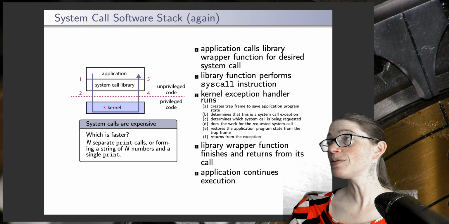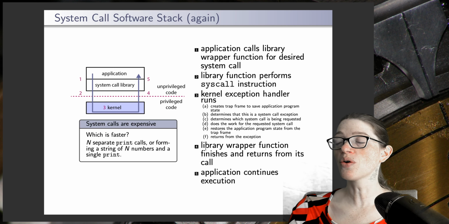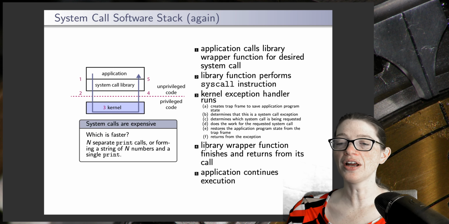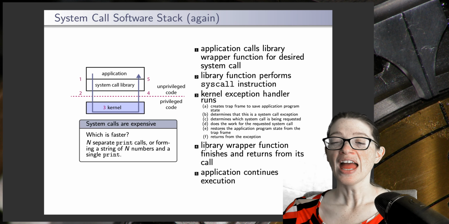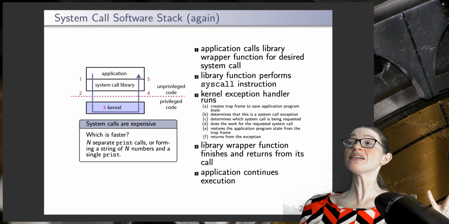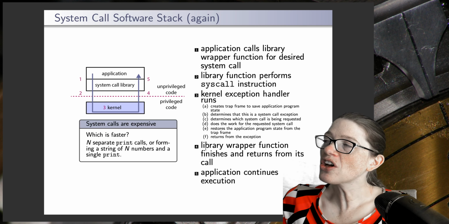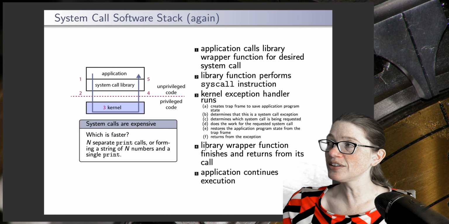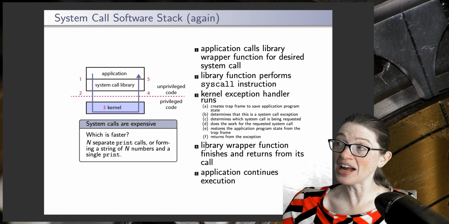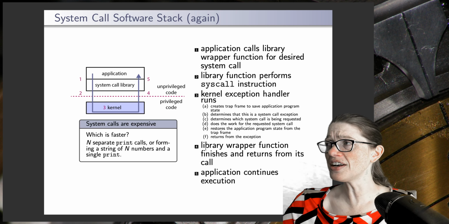The exception gets picked up at the CPU, and the CPU is going to run the exception handler in the kernel. That creates the trap frame. And then we're going to realize, oh, this is a system call exception. So we're going to call a system call exception handler. The system call exception handler is going to look in register V0 for the kind of exception, or the kind of system call.